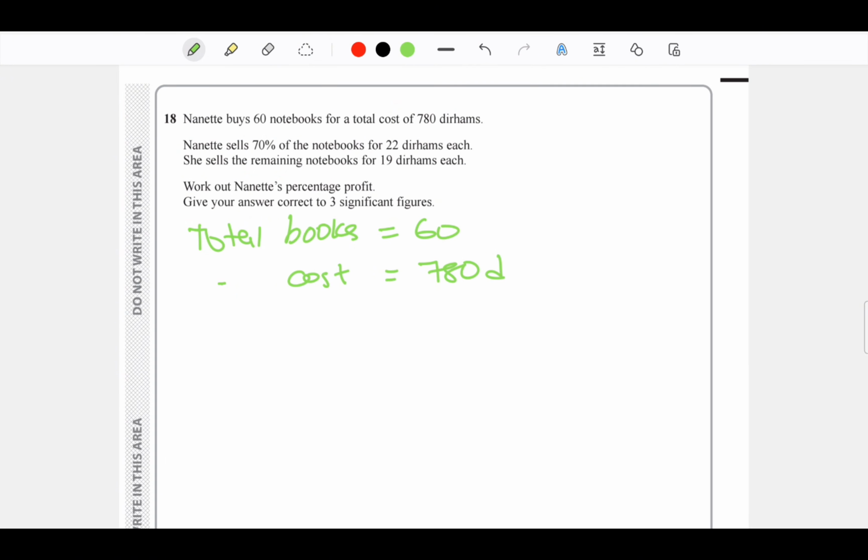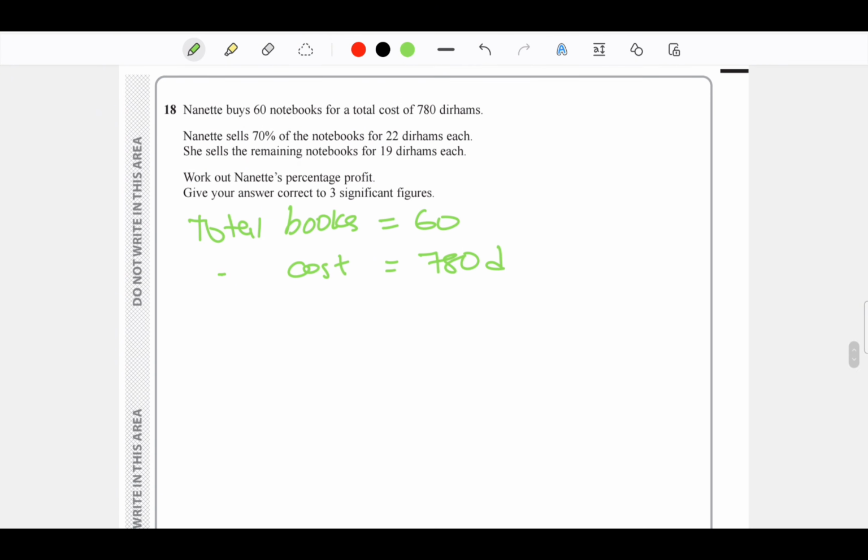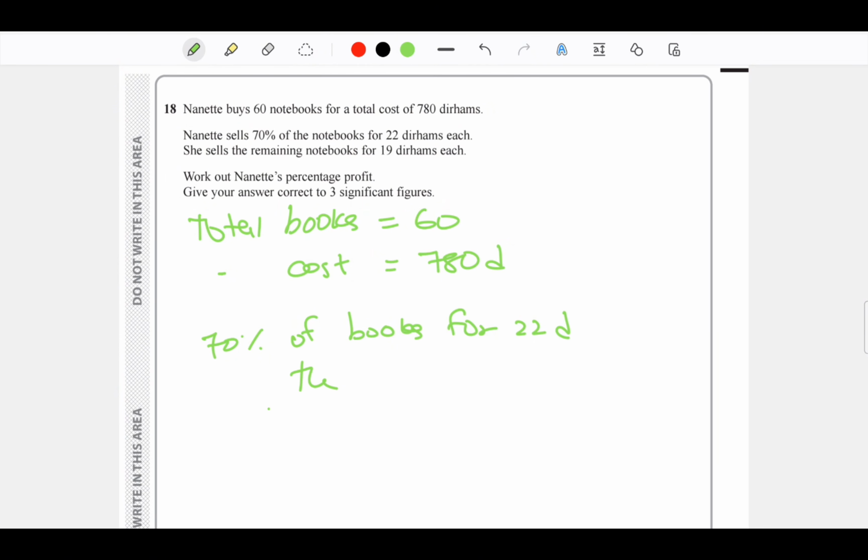Right, and we know that Nanette sold 70% of the books for 22 Ds and the rest for 19 Ds.